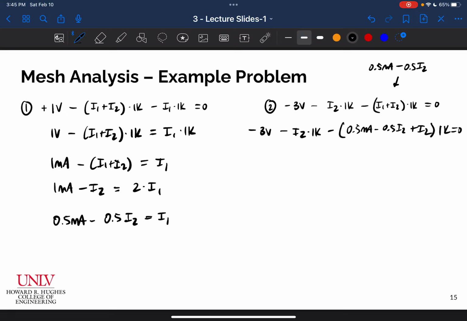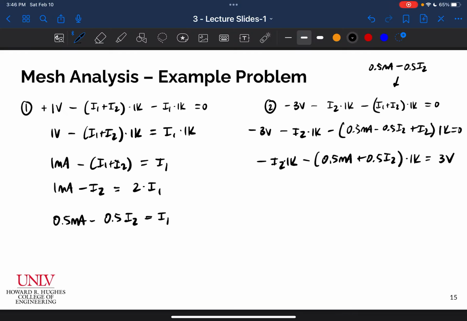Okay, let me go ahead and just do a whole bunch of algebra here. I'm going to add the 3 volts over to the other side first. And 0.5 milliamps, and then I've got minus a half I2 plus I2. That just gives me plus a half I2. And then that's times 1K, and that whole thing's going to be equal to 3 volts because I added it over to the other side.